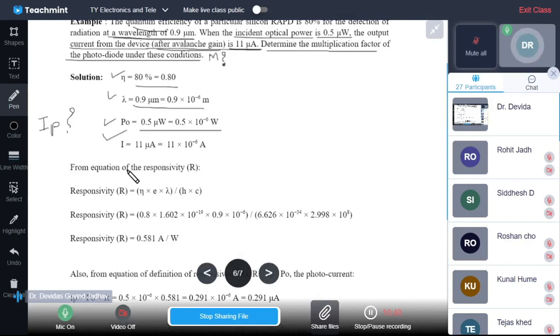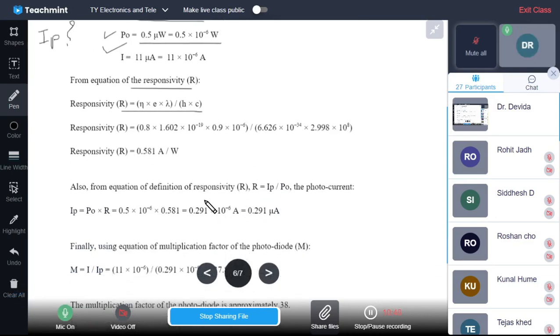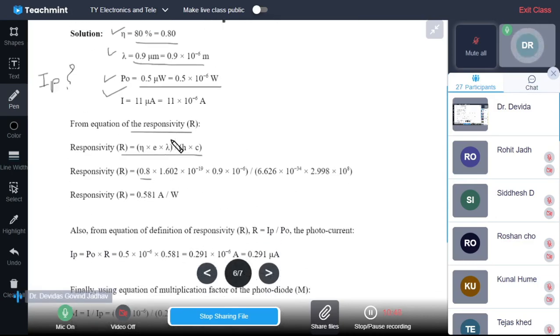So the equation of responsivity is eta E lambda upon HC. Substitute eta, 0.8 is given. E is 1.602 10 raised to minus 19. Lambda is given as 0.9 10 raised to minus 6, divided by H into C. H is 6.626 10 raised to minus 34. C is 2.998 10 raised to 8.